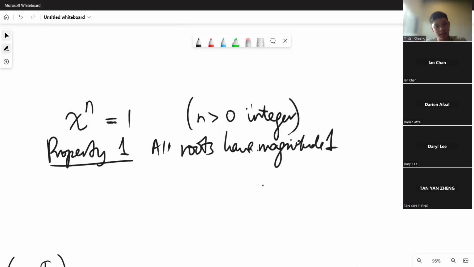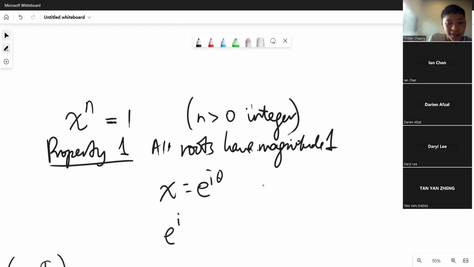Okay. So if they're magnitude 1, they must be e to the i theta for some theta, right? And we're going to solve for theta now. That equation was x to the n equals 1.